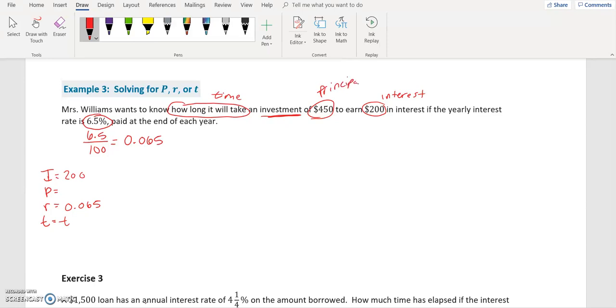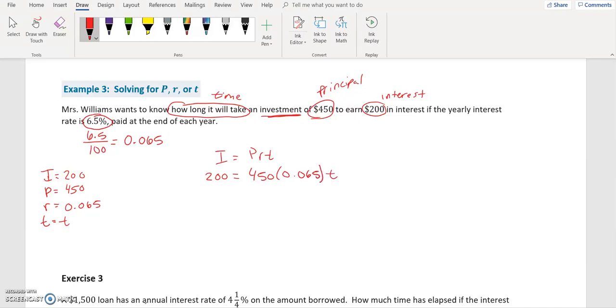So I is equal to PRT. Plug it in: 200 is equal to 450 times the rate, 0.065, and then our time we do not know.